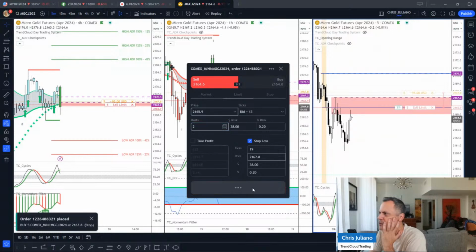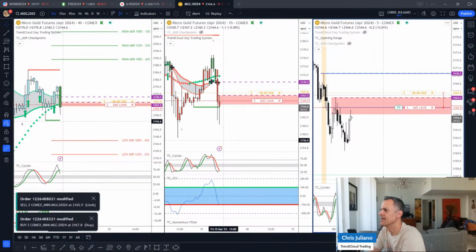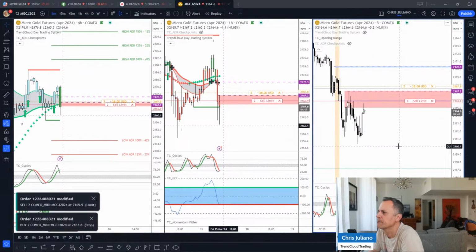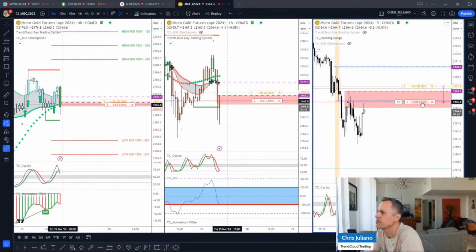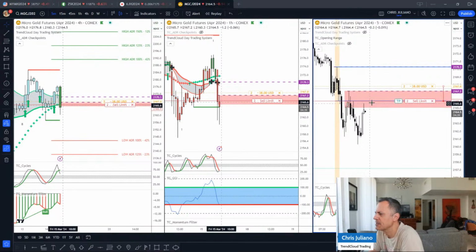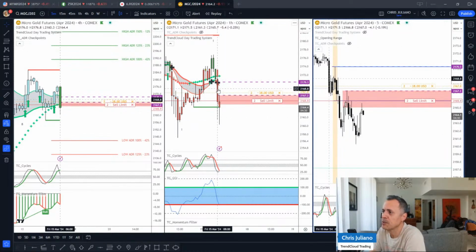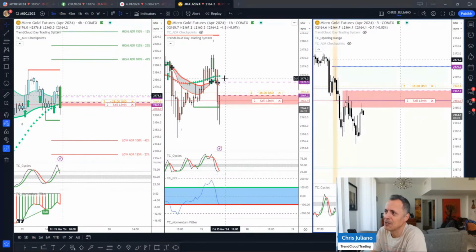How about we just take 2 in the middle of that. We're going to say we wanted to retest the bottom part of that opening range. We've got the crossover on the middle time frame, so trend is down.